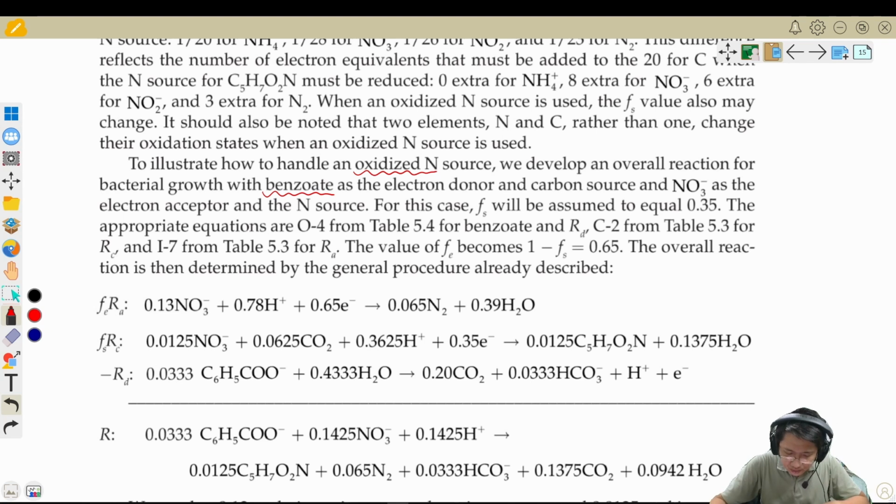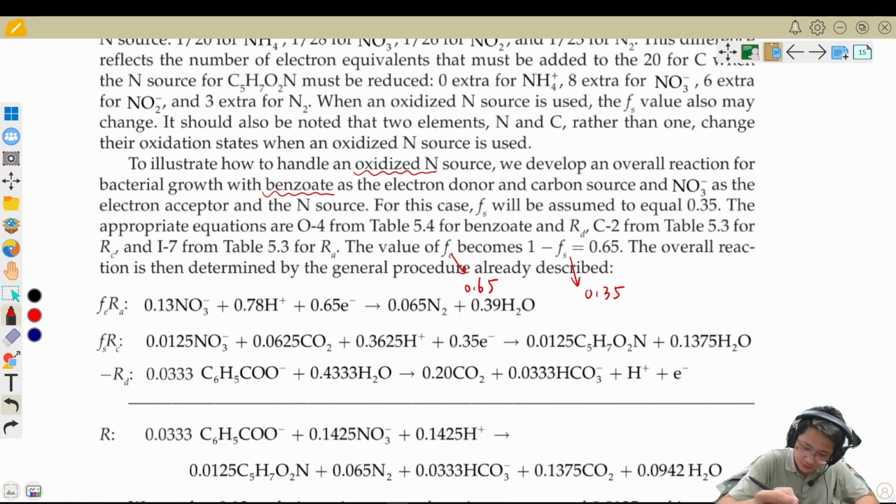Again, their assumption for the Fe is 0.65, and the Fs then will be 0.35. Okay, so they can very easily put the equation together.